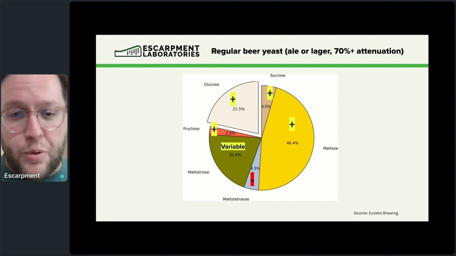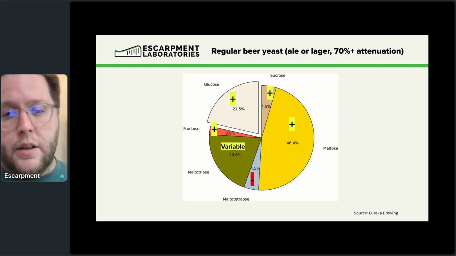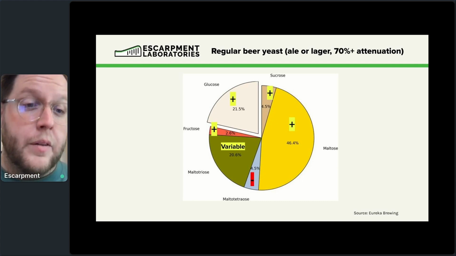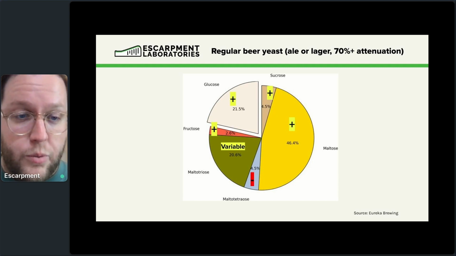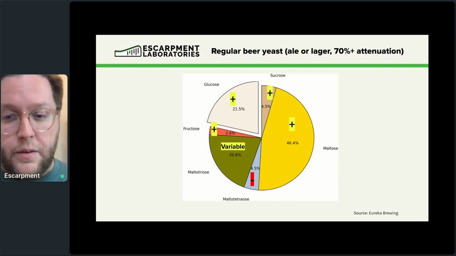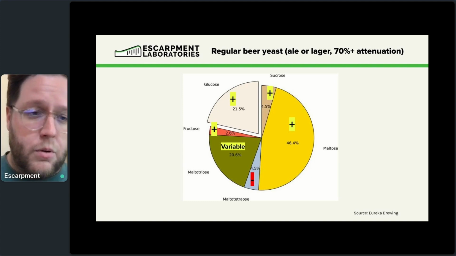So just to illustrate, this is what regular beer yeast does. It consumes most of those sugars, but it's variable on the maltotriose and the maltotetrose, which explains a lot of the variation in attenuations we see between different beer strains. That alone could be its own whole webinar.